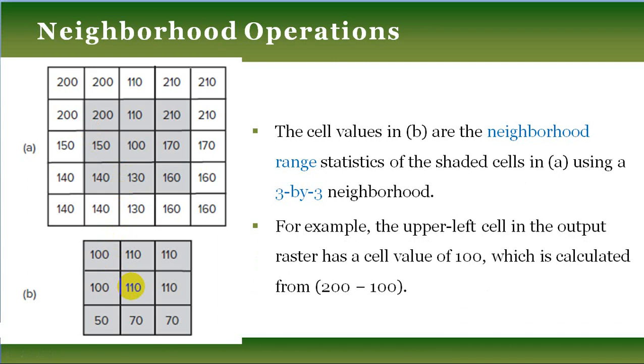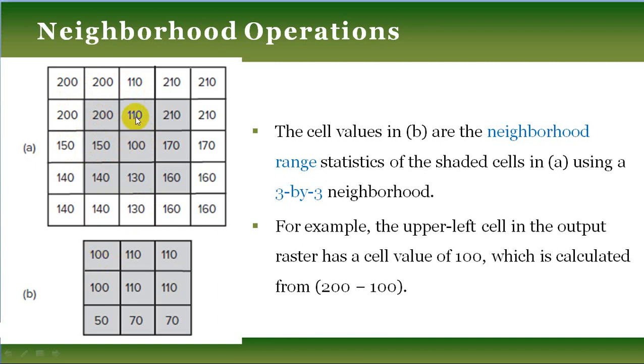The upper left cell in the output raster B has a cell value 100, which is calculated from 200 minus 100. This focal cell's value is 200. Now it checks the surrounding pixel values. The lowest value is 100, so 200 minus 100 is 100.